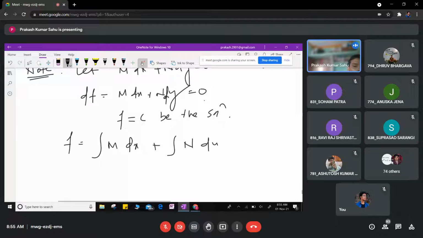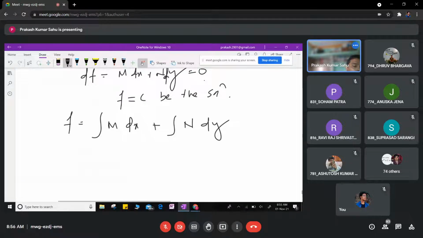This is the shortcut I am writing. Okay, but some conditions are there. So when we integrate with respect to x, here y is constant. And when we integrate with respect to y, only the y terms we have to take, that is we can write the terms free from x.